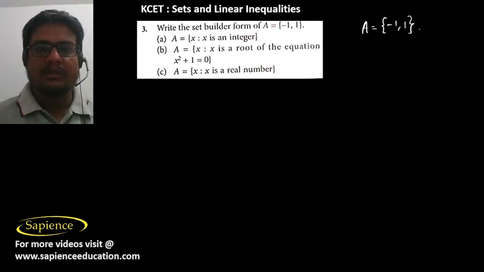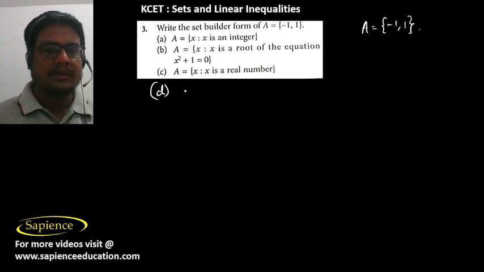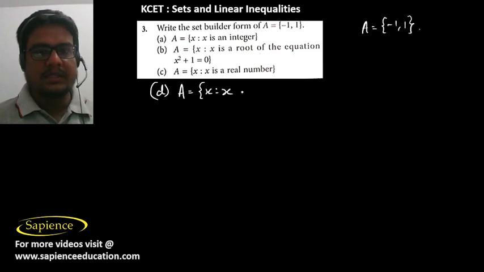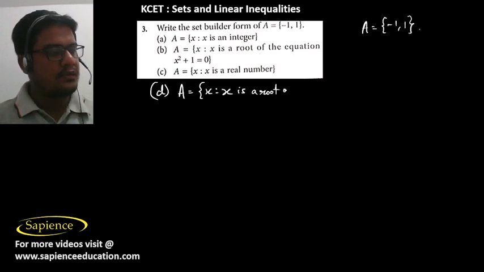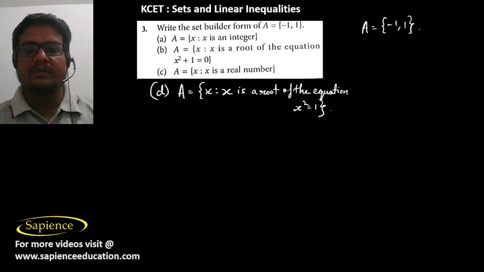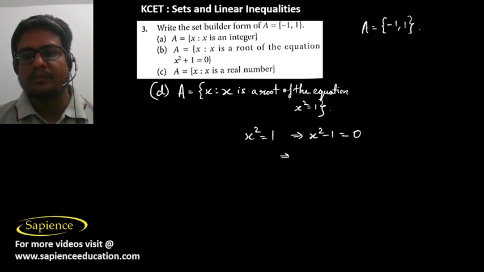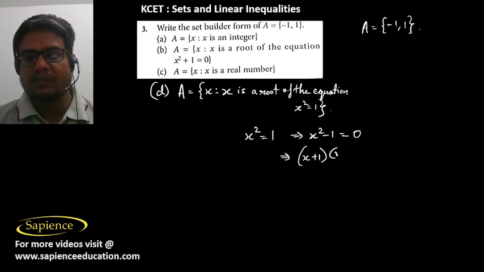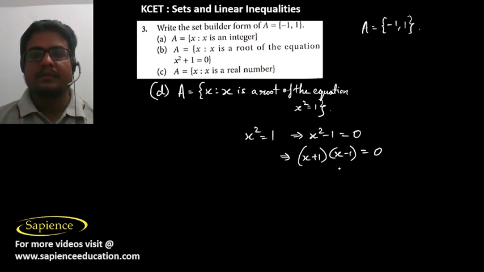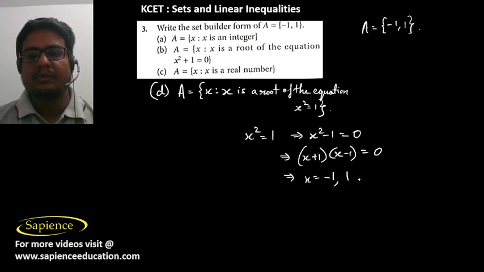The option D was also there, which was: A is the set of all those x such that x is a root of the equation x square equals 1. If we solve x square equals 1, then x square minus 1 equals 0. Factorizing, we get x plus 1 into x minus 1 equals 0. It means x equals minus 1 and 1. So option D is the correct answer.